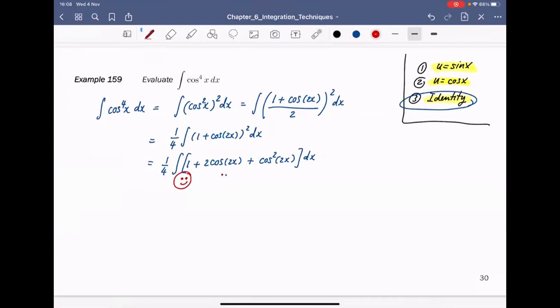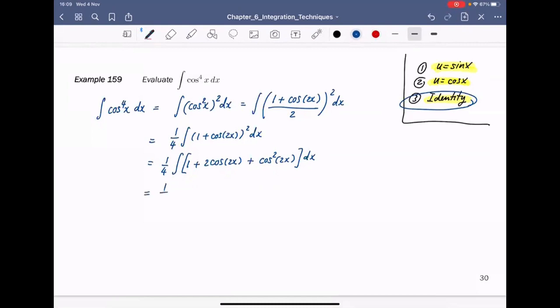You can integrate cosine 2x, because you just do a substitution and pick u equal to 2x, and that would be good. What about cosine squared 2x? Can we do that? Actually, we can, because we're going to use the identity one more time. So actually, this question is already solved.